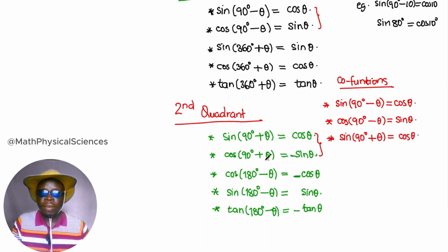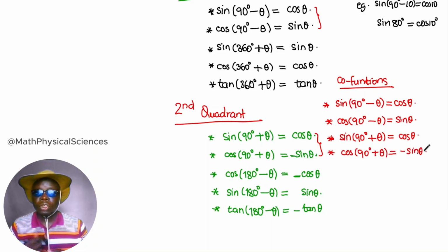And lastly, we have cos of 90 plus theta equals negative sine theta. So you can see from here that only cos of 90 plus theta gives us a negative, because the first two are from the first quadrant, which are always positive, and sine is positive in the second quadrant. That is why the third one we also have positive here. And these are the cofunctions that we may use as we continue with our work.